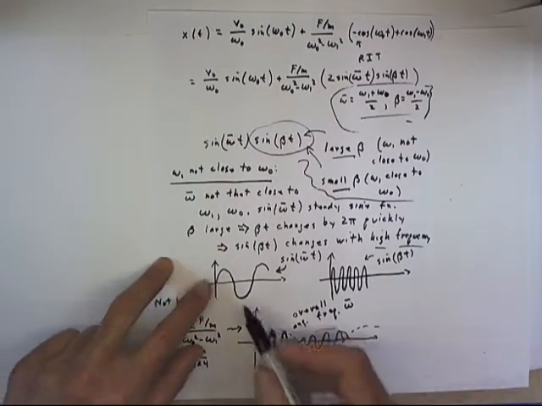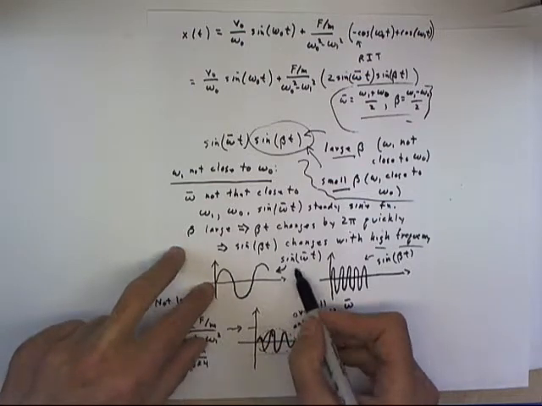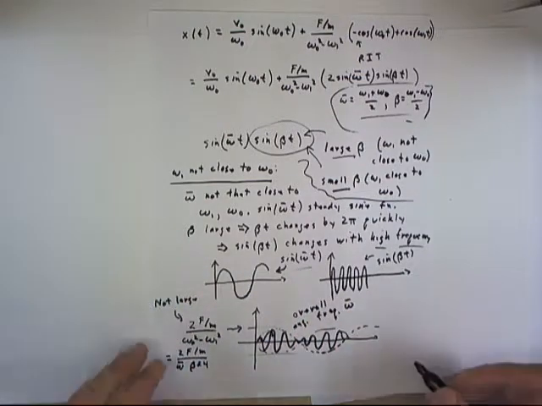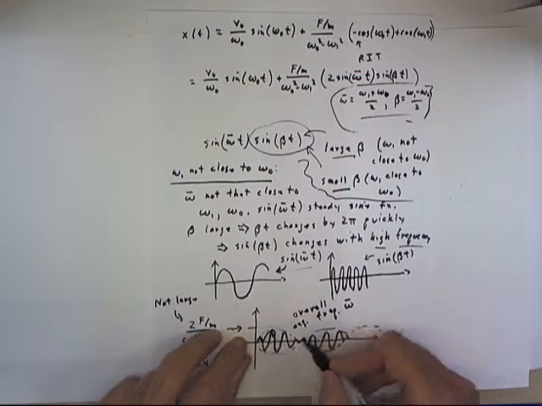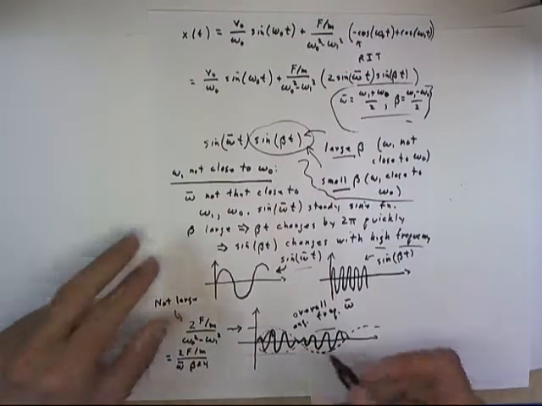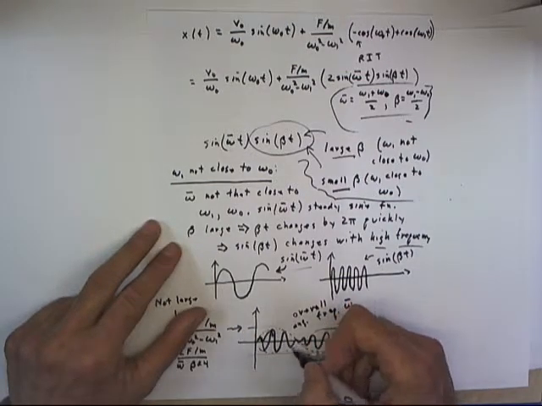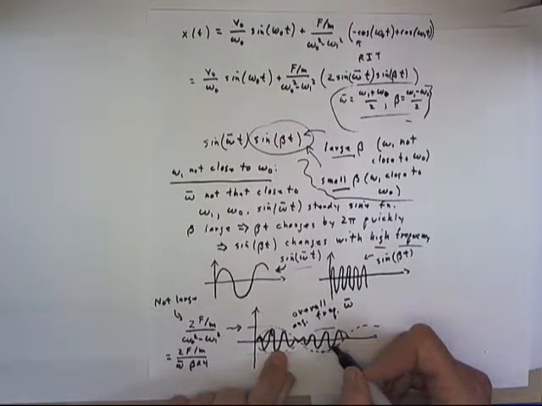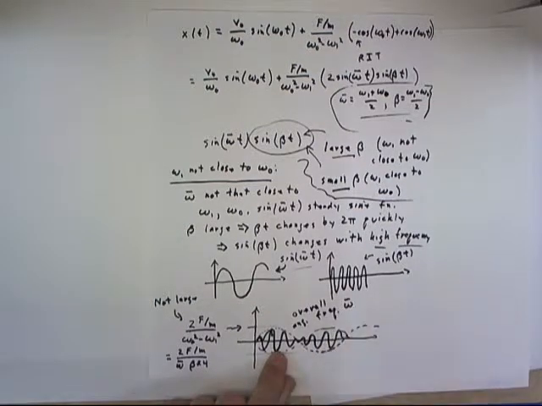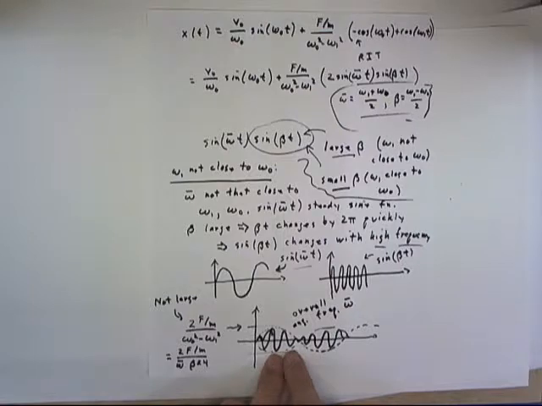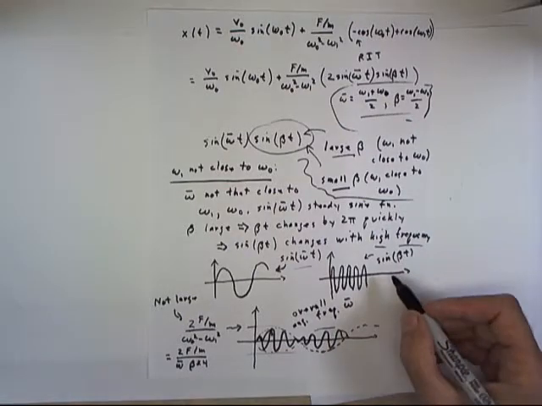This thing is going to oscillate at the same frequency as this function, but within that overall envelope, we're going to have rapid oscillations in the position according to this function.